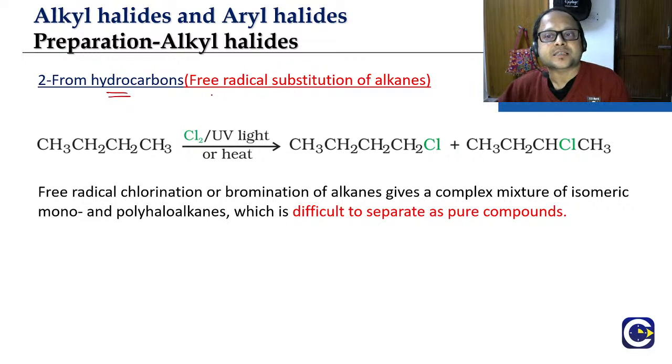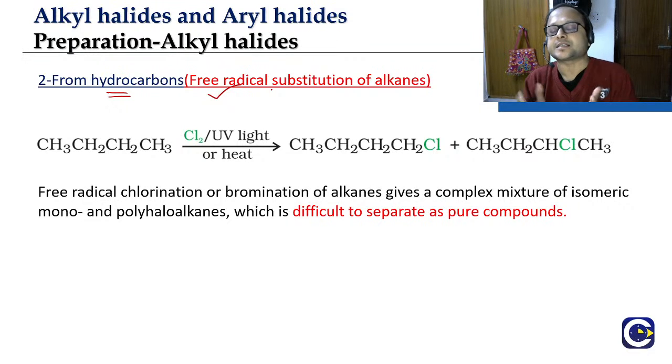We are going to start with the preparation from alkanes, in which we'll be focusing on free radical substitution. For substitution reactions, if you remember, we discussed that there are nucleophiles, electrophiles, and also free radicals.